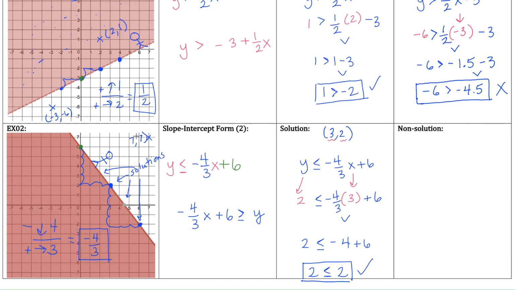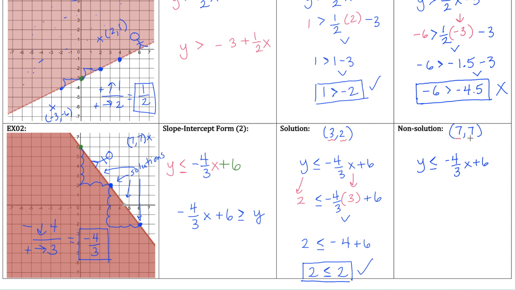7, 7. I can do this. When I substitute it in, I shouldn't have any issues. y is less than or equal to negative 4 over 3x plus 6.